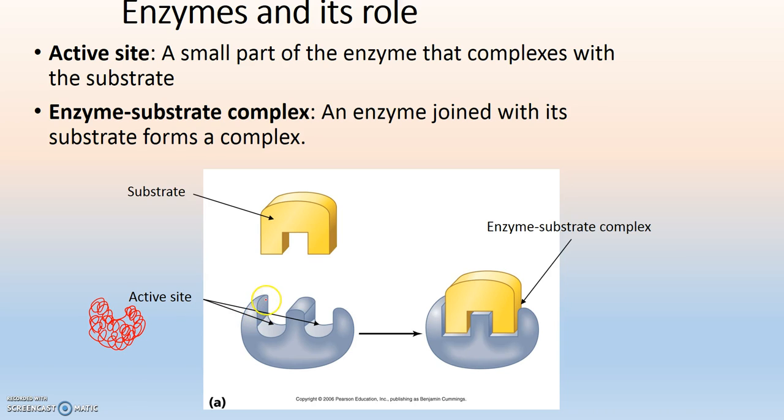So based on the shape, they have this nice wedge, or this groove, or this space into which a substrate can bind. So all enzymes have this area where the substrate is going to bind, and this is called the active site. When it binds, you get an enzyme substrate complex.